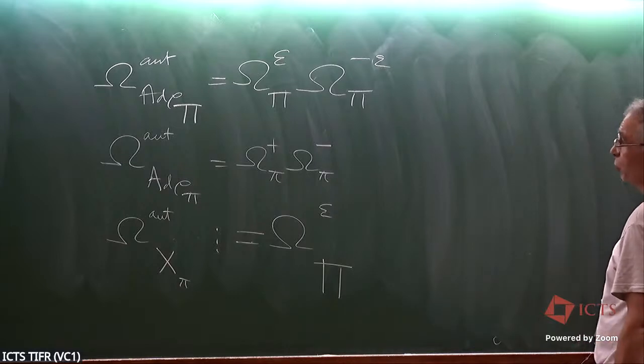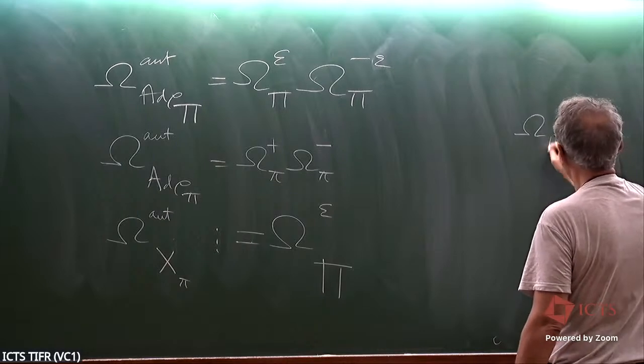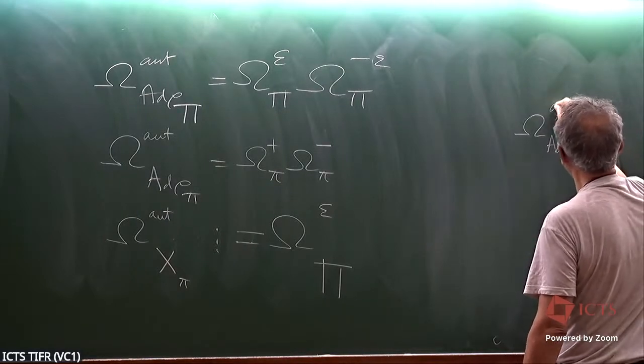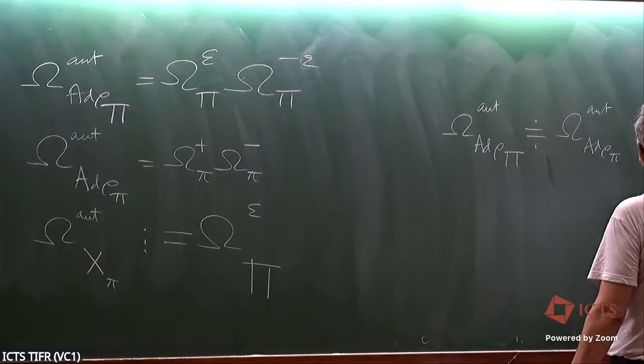And so what we prove is that we have perfect decomposition as expected. So this is exactly, up to unit, omega adjoint rho pi automorphic times omega x pi automorphic.